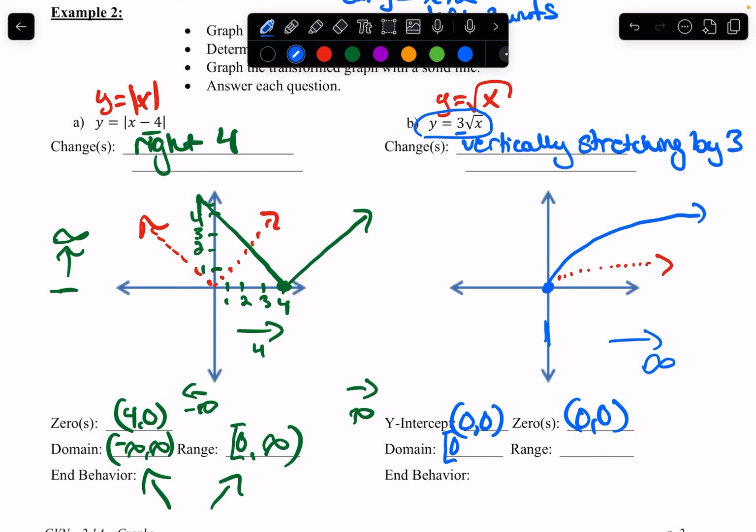So 0 to infinity. Same thing with the range. We start from the x-axis and go all the way to infinity. Again, it doesn't look like it goes to infinity on the y, but it does keep going. There's no restrictions on it, so it does go to infinity. And behavior is right and up.